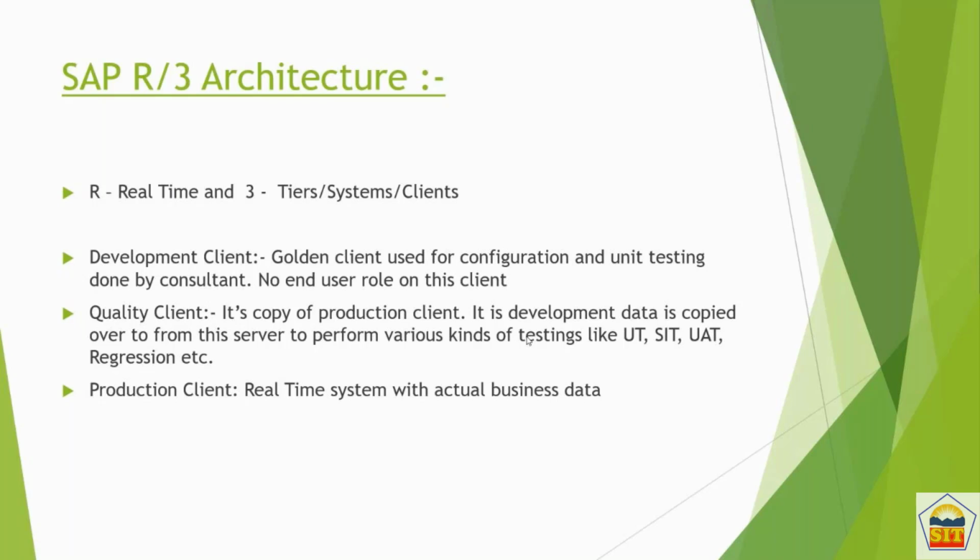They can log in, they can see the data, and they can test it. And then we have the regression testing. Once we get the go-ahead from the client, from the finance head, or the HR head, or the sales head, then we will move that development to their real system called the production system.